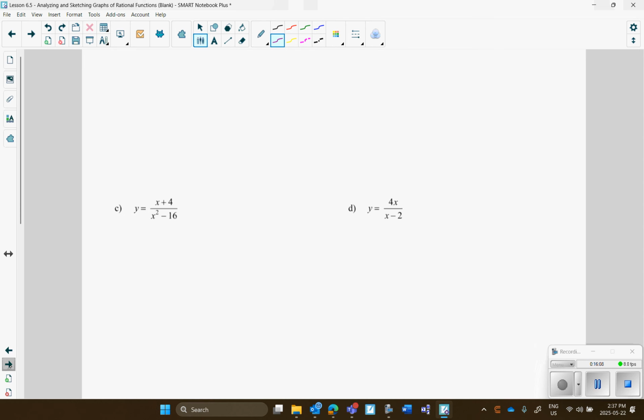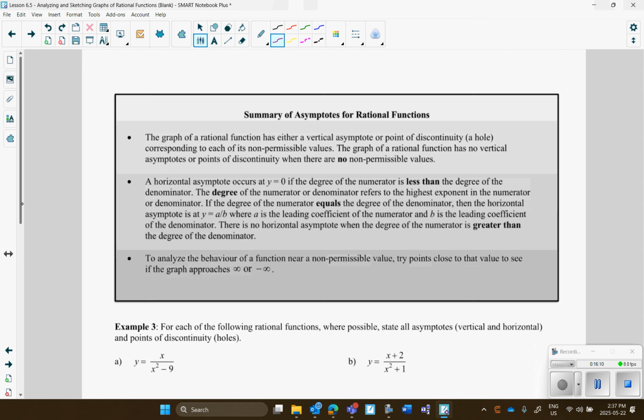This is something that you're going to have to commit to memory. Every graph we've done to this point, except for the one where the horizontal asymptote shifted, okay? Do you remember what the degree of an expression is? The degree represents the highest exponent in the expression.